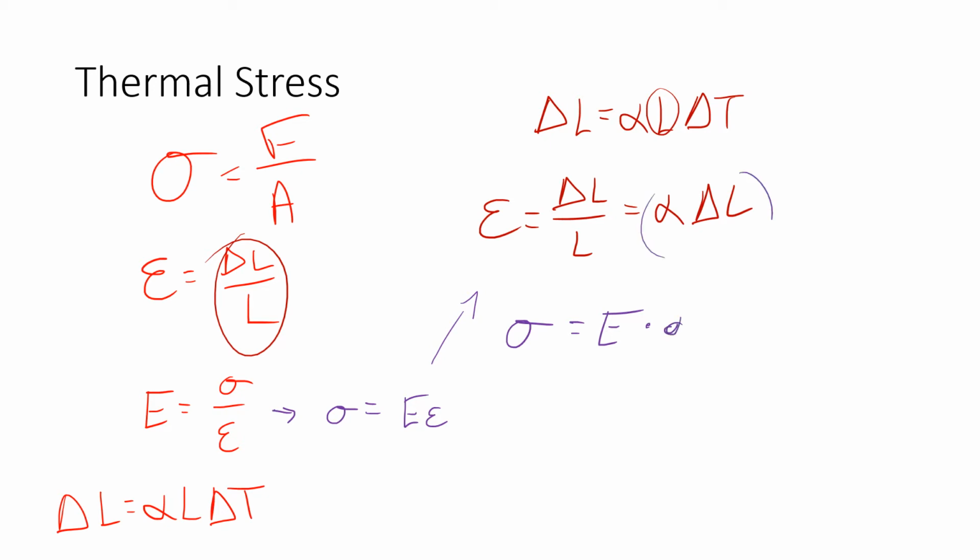So this is going to be E times alpha delta T. All right, and this is what we're going to use for thermal stress. Now, if you can't remember that, you could always just reinvent it like I did real quick. It's really not that bad, but this way it cuts out a bunch of your numbers, so we don't need to worry about it. Let's do a practice problem.